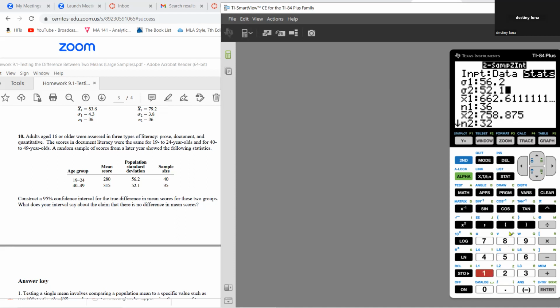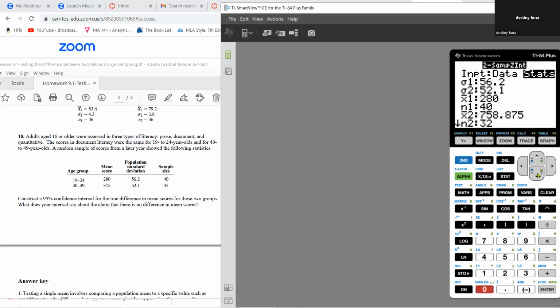Like so. Then X bar 1 means the sample mean for group 1. Sample mean is your mean score, so that's 280 for group 1. Your sample size for group 1 is 40.